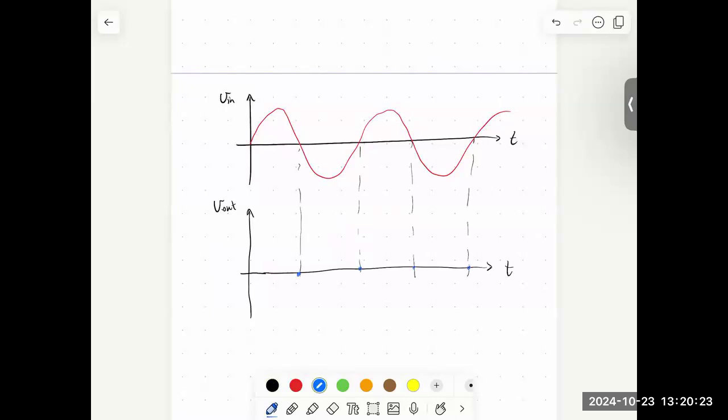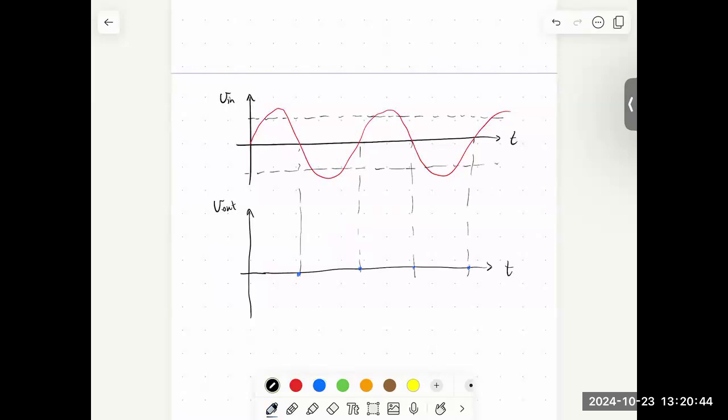Okay, now let's suppose that we have an input that is bigger than the maximum allowed. So I'm going to draw a dashed line here and a dashed line here.